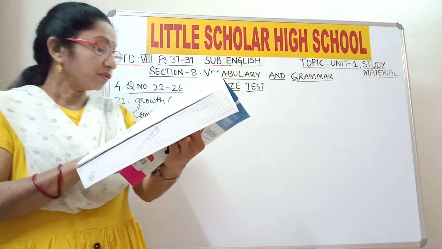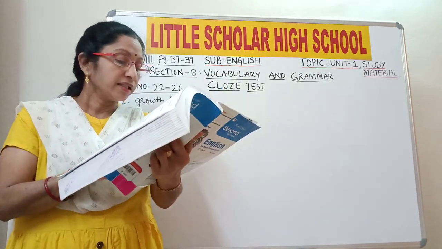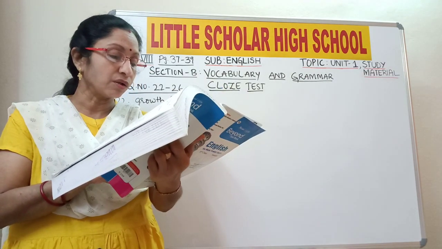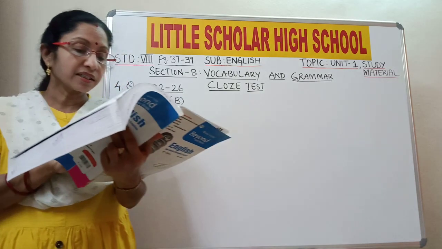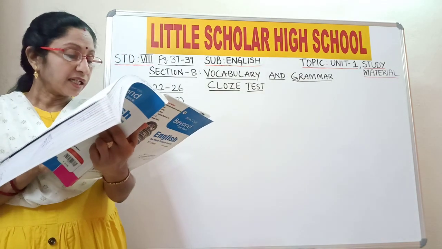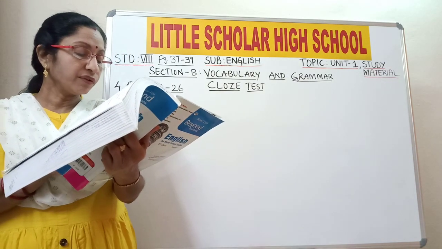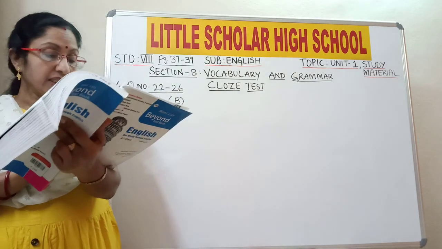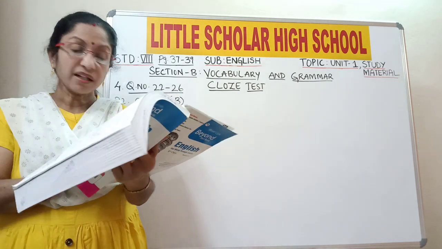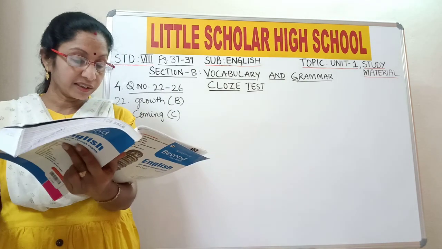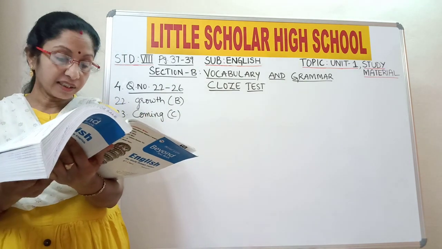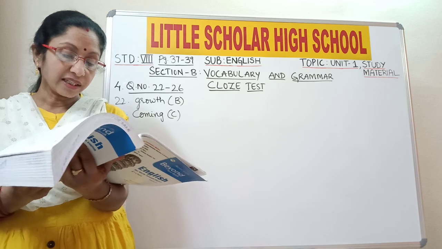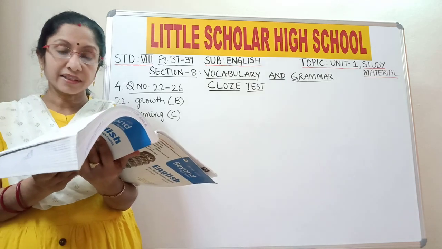Question number 24. In a few days, the ferns dash turning yellow, but right now they are still firm, green, dash upright. The options are A. will start, that is future tense, B. will be started, C. has started, D. had started.